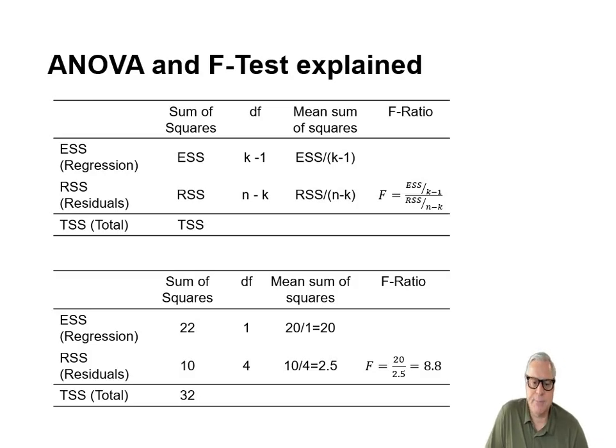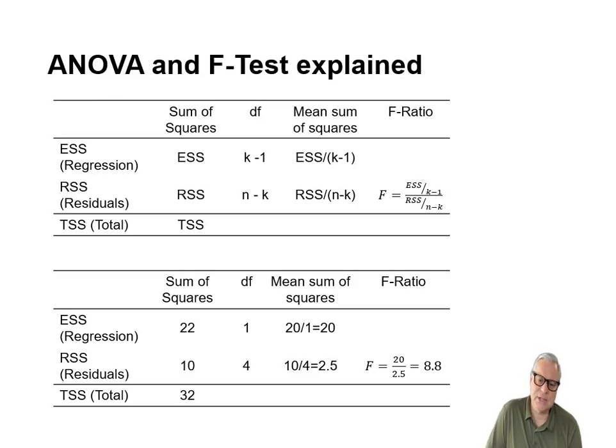So in our example, the explained sum of squares, ESS, was 22. We have 1 degree of freedom. So if we average that out, that means we have 22. The way you can think about it is, if you have only one degree of freedom, which means two coefficients, the intercept and the slope, well, each coefficient explains a lot of the sum of squares.